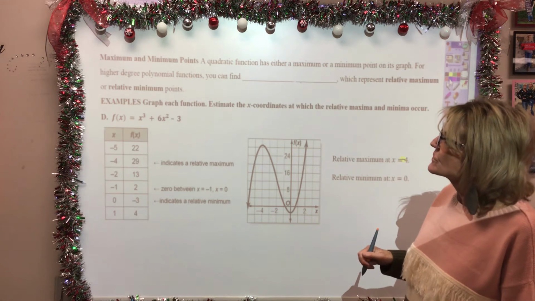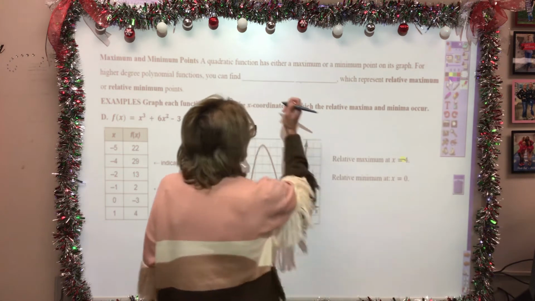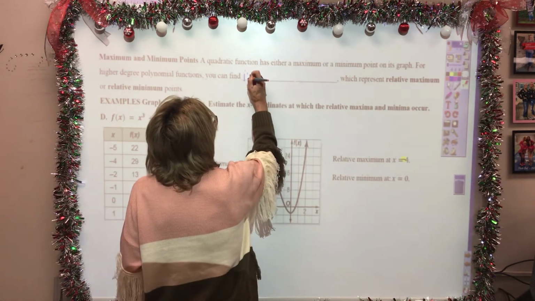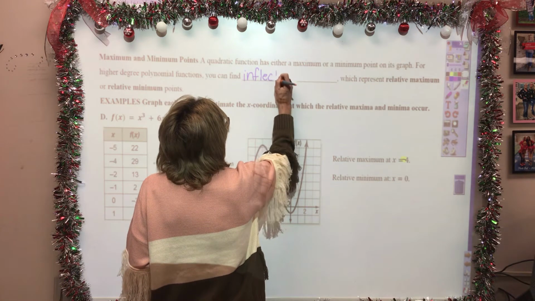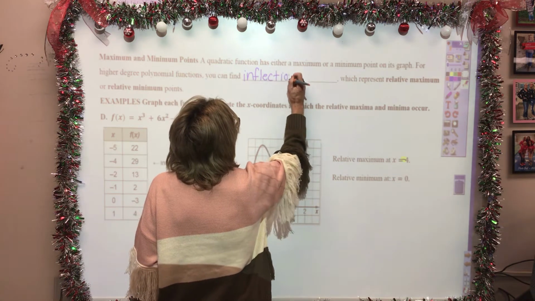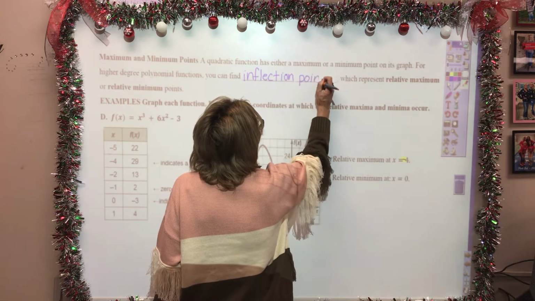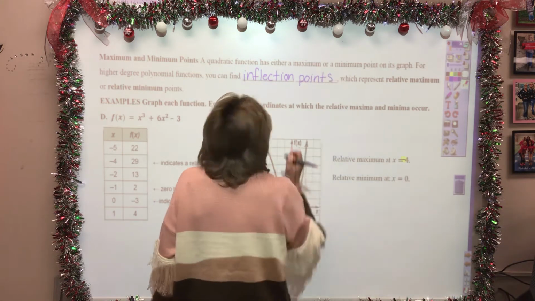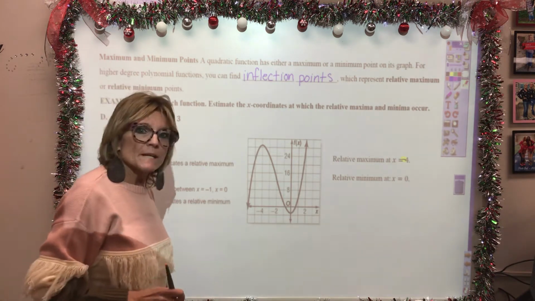For higher degree polynomial functions, you can find what are called inflection points, which represent the relative maximum or minimum points.